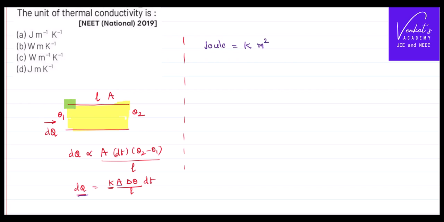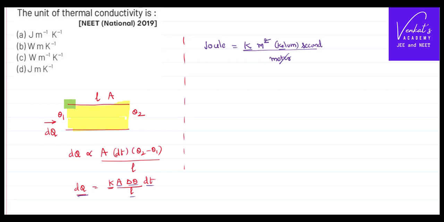In the SI system, area is measured in meter square. Delta theta is the temperature difference. We can measure that in Kelvin or degree centigrade, but as we are using the SI system, I have written Kelvin. Be careful, this K for Kelvin is different from K, the coefficient of thermal conductivity. dt is the time for which the heat flows.